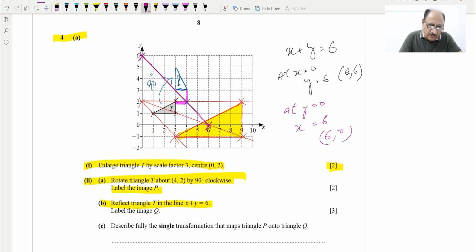Basically the triangle will be reflected over here, and this one will be like over here. So this will be the reflected triangle, and we need to label this as Q. Hopefully you understood this as well.